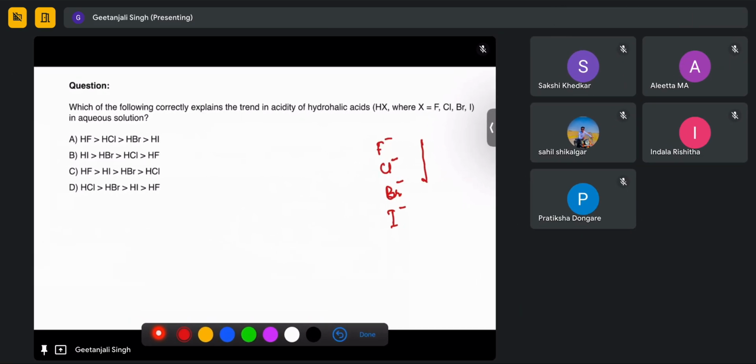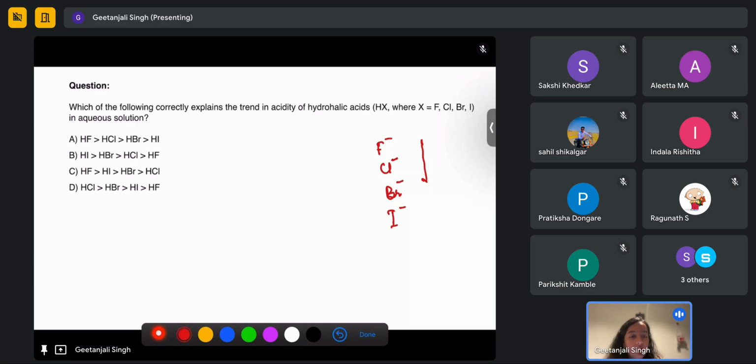Yes, perfect. You all got the right answers. It is correct. As we move down the periodic table, the size of the atoms increases, and it's easier for them to stabilize the charge density that they have over themselves.